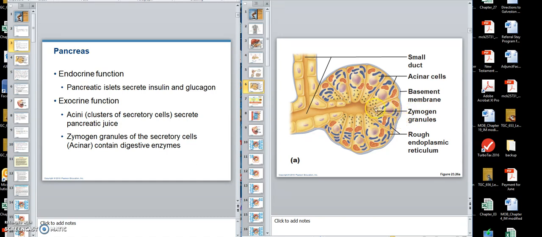Just like we were talking about pepsinogen in one of the last videos. All right, so let's go further. Exocrine acinar clusters of secretory cells secrete pancreatic juice. Zymogen granules of the secretory cells contain digestive enzymes, but in an inactive form. They'll be activated.